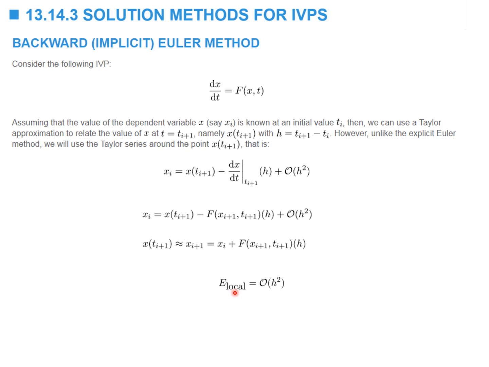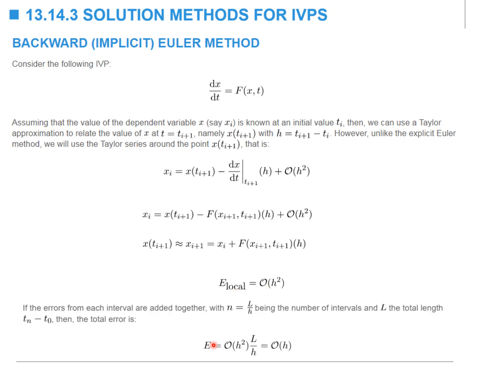Similar to the explicit Euler method, the implicit Euler method has a local error for every time step that's directly proportional to h squared.